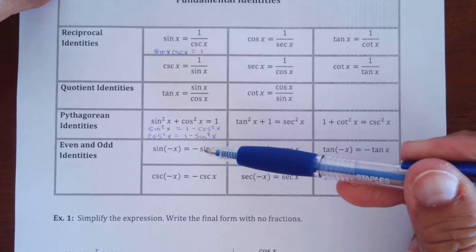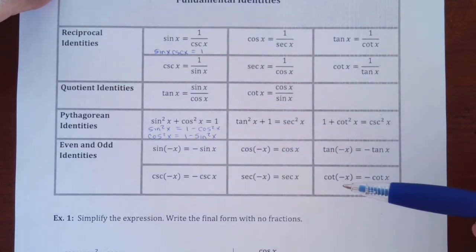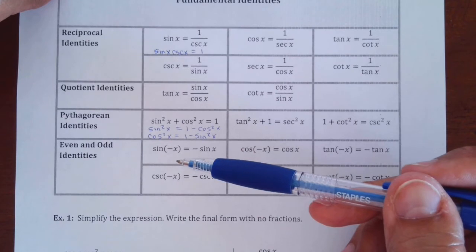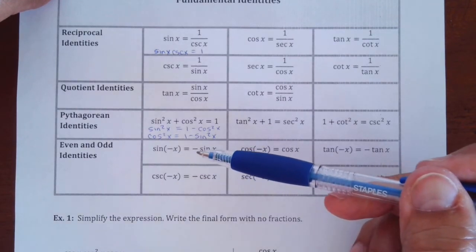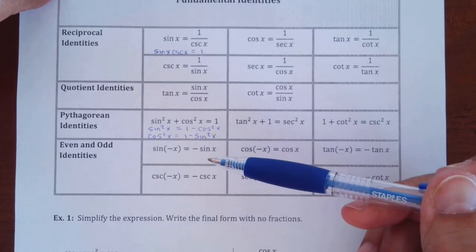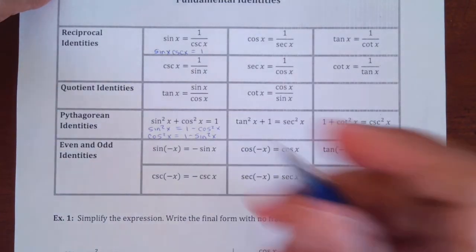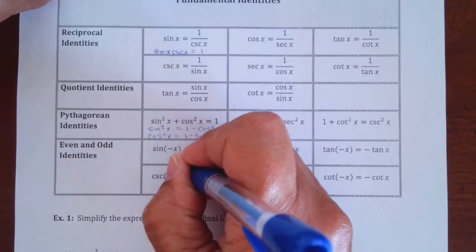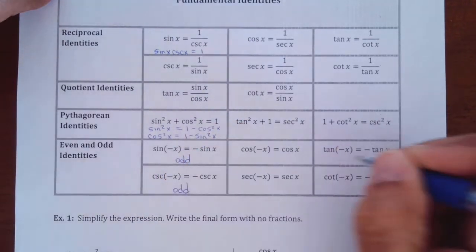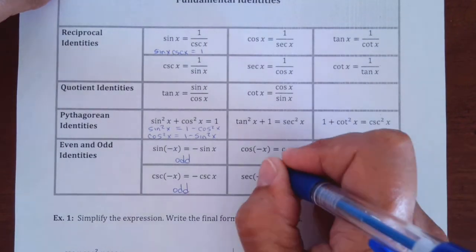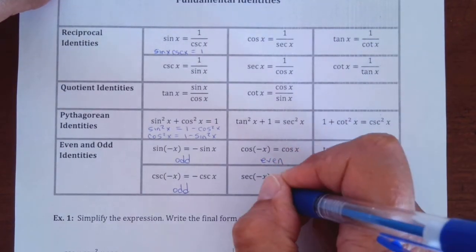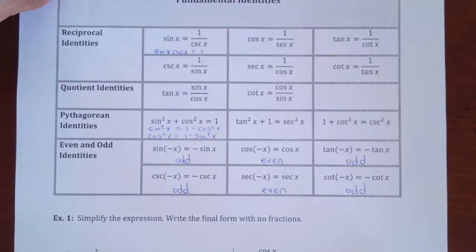The other four, sine and cosecant and tangent and cotangent, because they are odd, then the negative sign in the argument has to come out front of the trig identity. Okay, so remember that the odd ones take the negative sign out front, and then the even identities you can drop, and there's only 2 of those. Okay, so that's how those work.